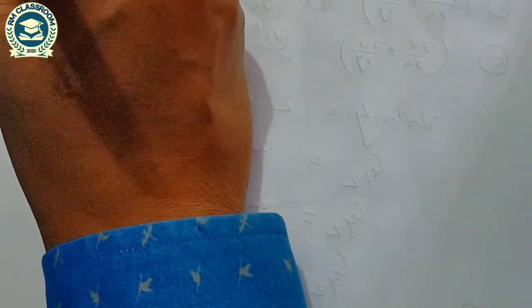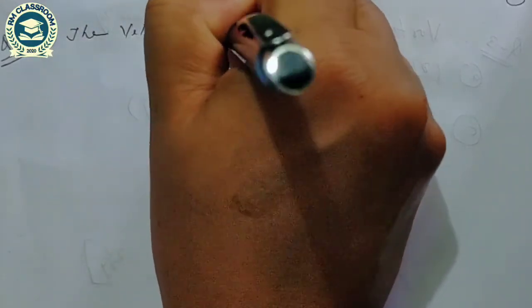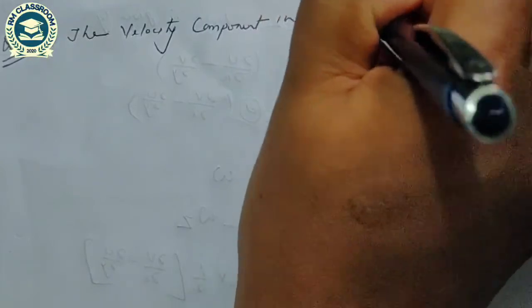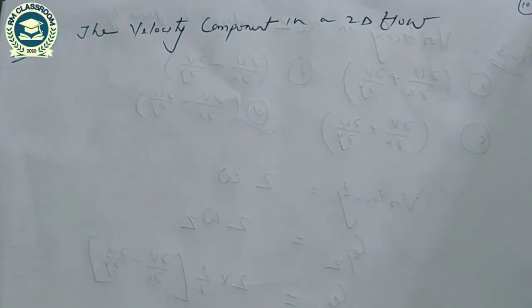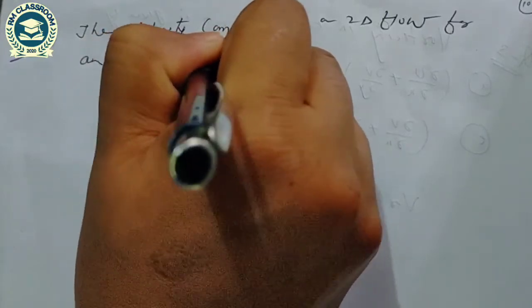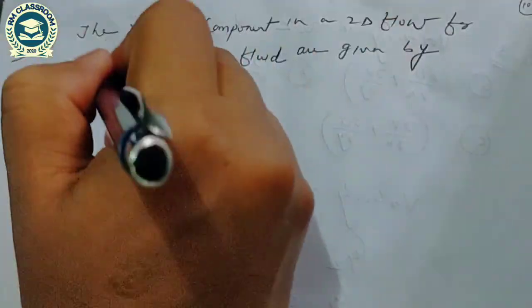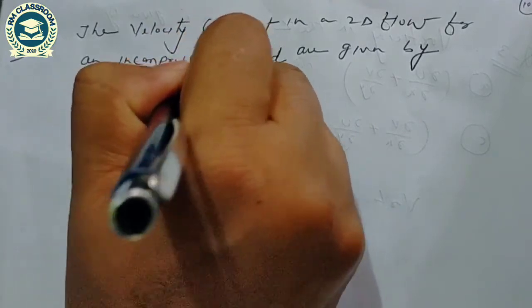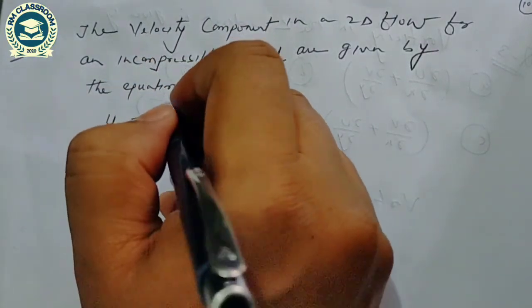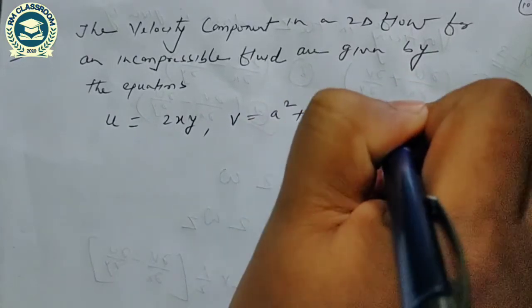The last question of the day. The velocity components in a two-dimensional flow for an incompressible fluid are given by the equations u is equal to 2xy, v is equal to a square plus x square plus y square.